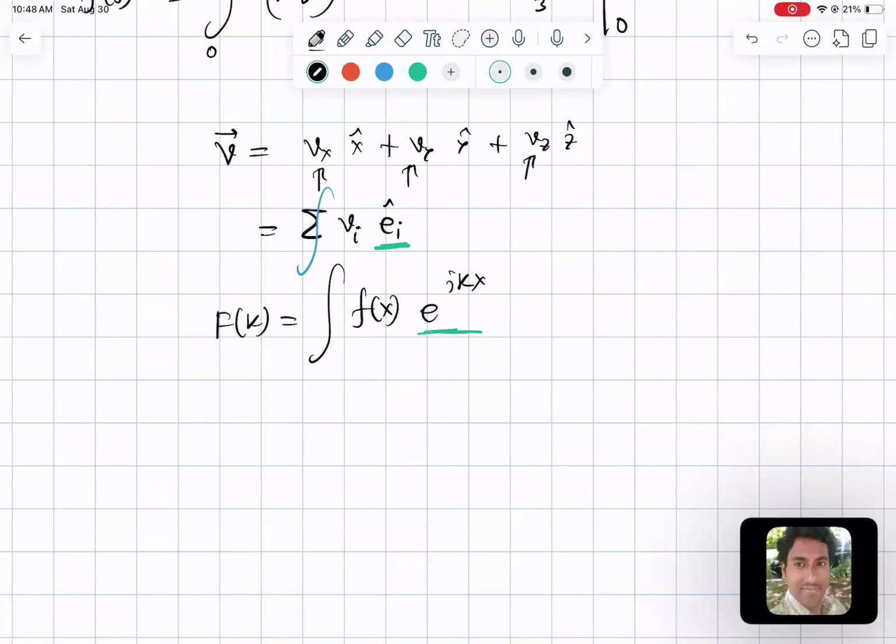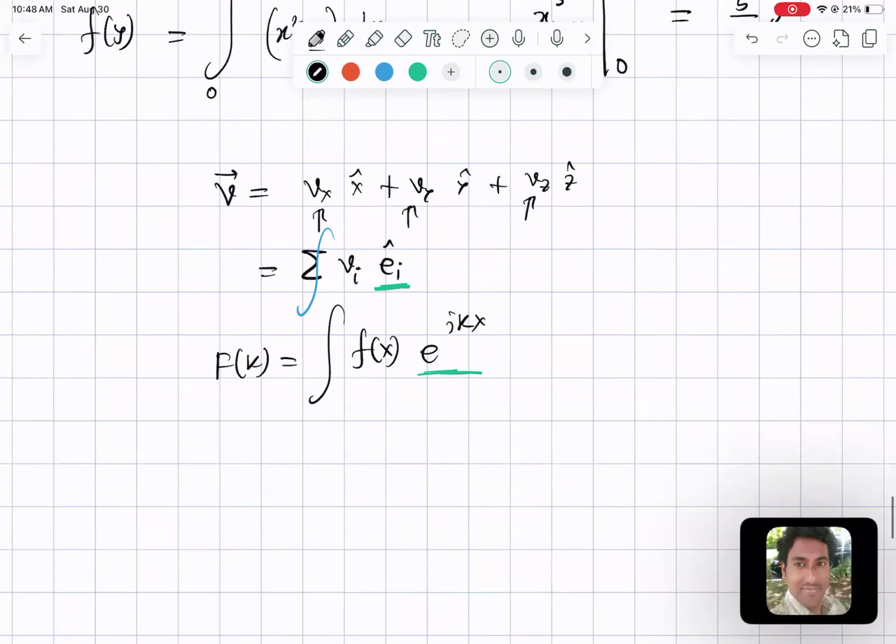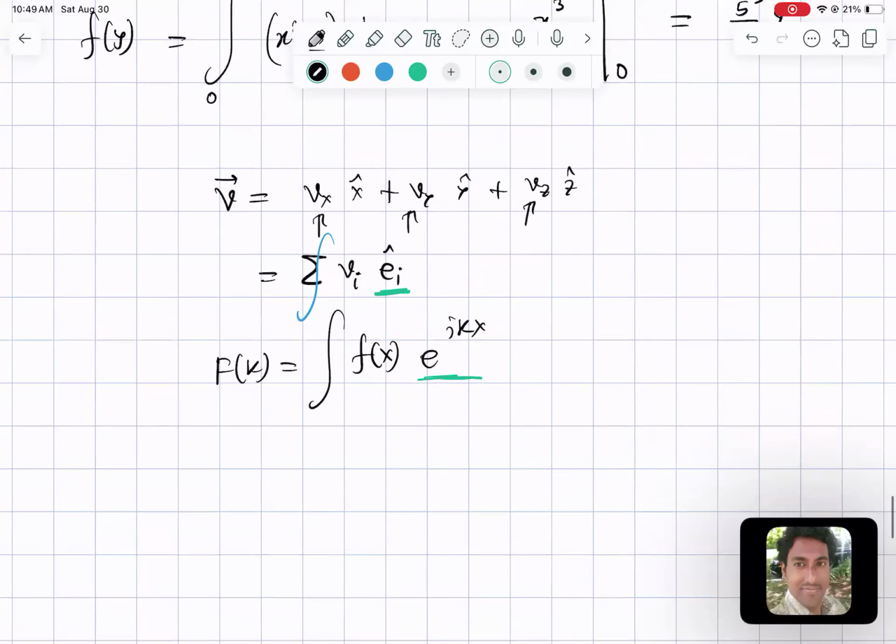But the idea is the same. We just use e to the ikx as the basis, and then just do a sum using f of x as a coefficient.